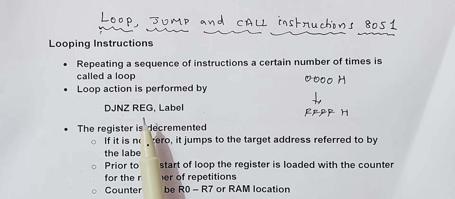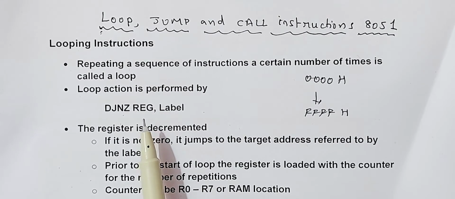Also, you can sometimes use a RAM location. RAM locations start from 30H to 7FH. In the internal RAM memory, there are a number of locations, 00 to 7F, because there are 128 bytes of internal RAM, in which the addresses from 30H are used in the register addressing mode.